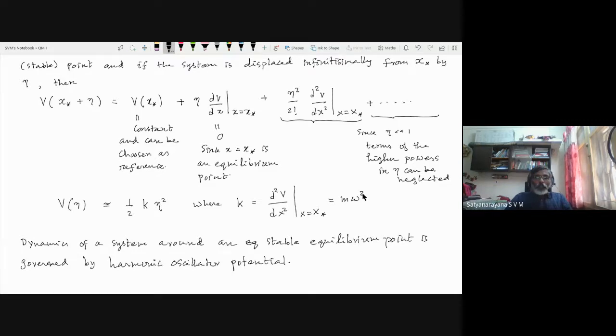And this fact is independent of what the actual potential is. Whatever the actual potential V of x, if your displacement is around the equilibrium point, in terms of that displacement, dynamics is governed by the harmonic oscillator potential. In that sense, this problem is very generic.